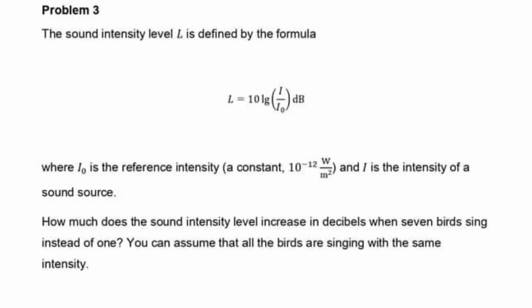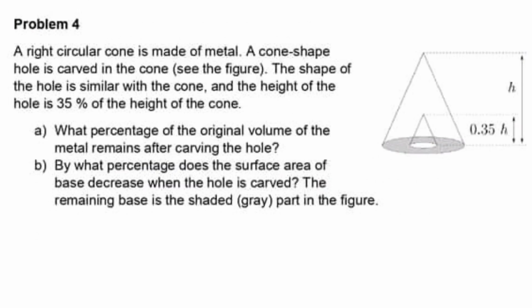How much does the sound intensity level increase in decibels when 7 birds sing instead of 1? You can assume that all the birds are singing with the same intensity. Here the reference intensity I0 equals 10 to the power minus 12 watts per square meter is given, and you need to find the intensity level of the birds when they are singing with the same intensity. Let's move towards the fourth problem.